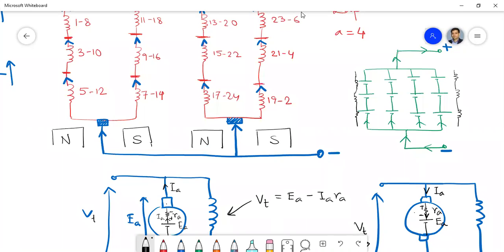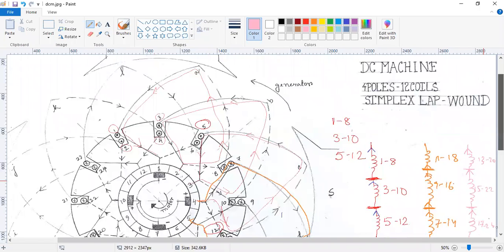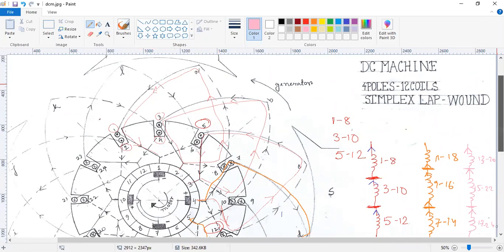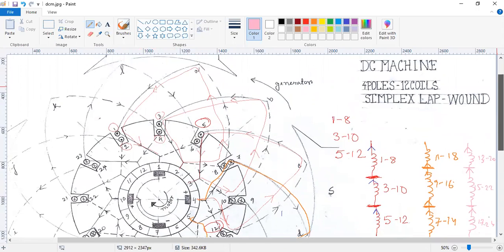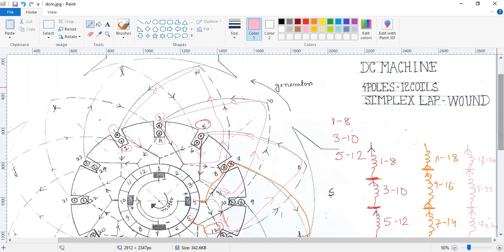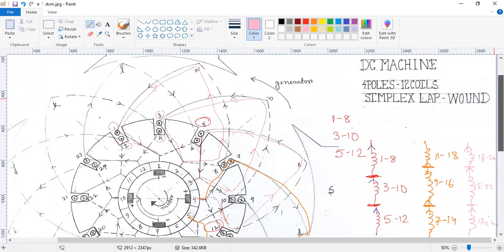So let me check this diagram. Okay, so the first one, that is 1, 3, 5. These coils, if that comes under North Pole, then the next ones are in between, not exactly under the North Pole, isn't it?